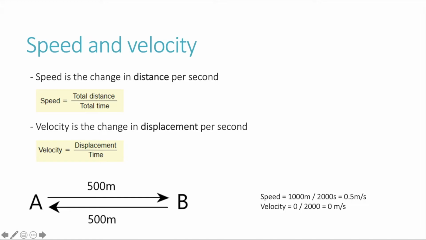You haven't actually moved anywhere if you consider starting from A. So if you go from A to B and B to A, the total displacement would be 0. Since velocity is displacement divided by time, what you get is actually 0 divided by 2,000 seconds. So despite the fact that your entire journey was 2,000 seconds, you have had no displacement, or no velocity as a result of that. Okay, so I hope that makes sense.